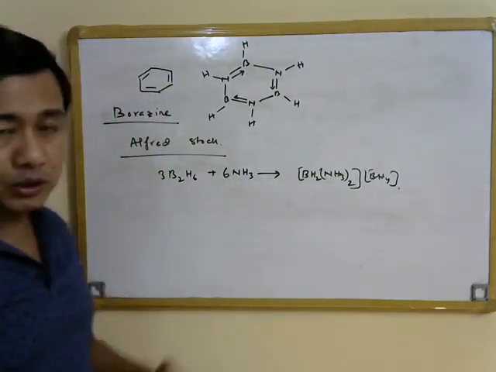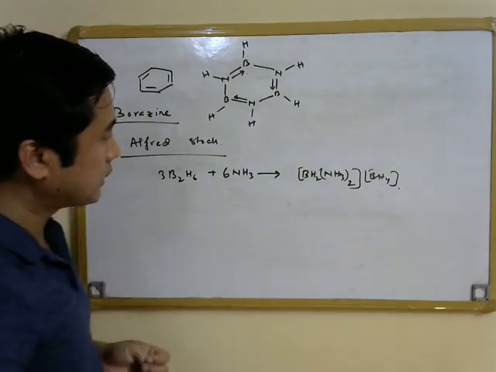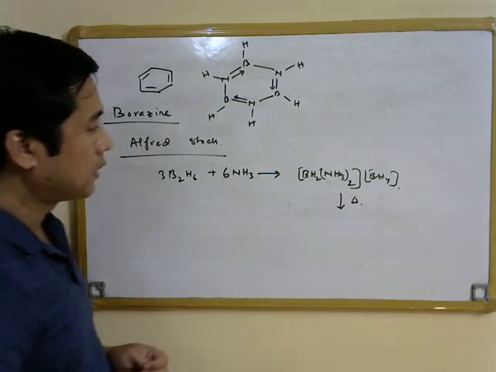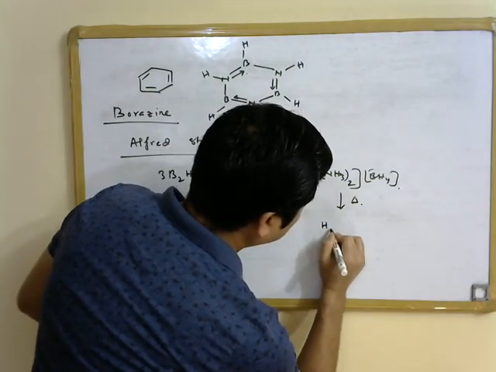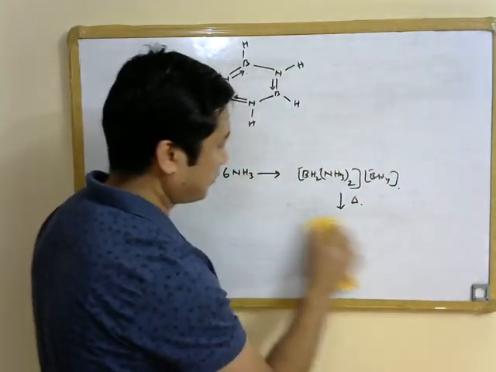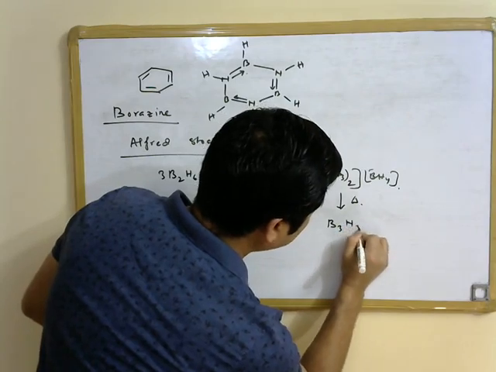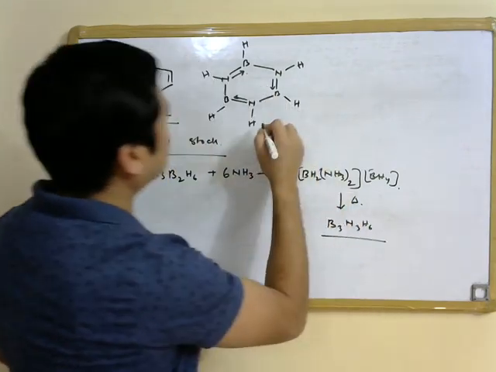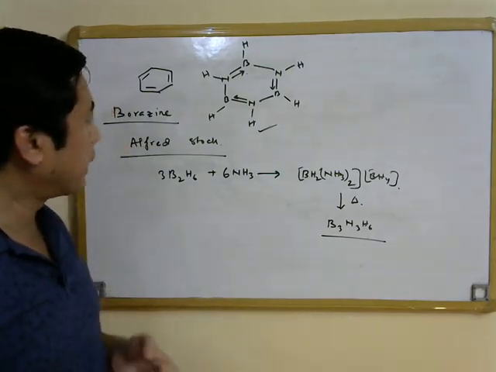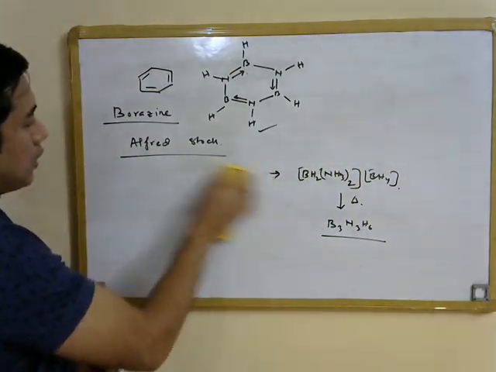We have discussed this sort of reaction of diborane with different Lewis bases earlier. When you heat this adduct, one obtains B3N3H6, that is Borazine.